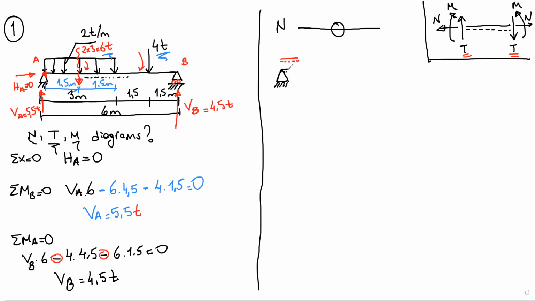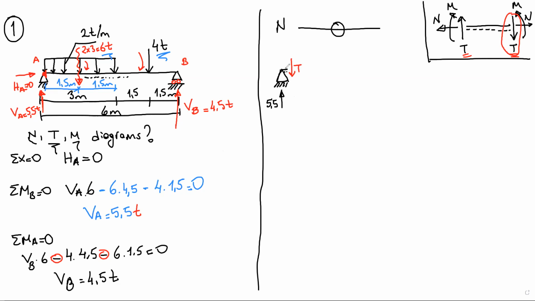So the side where I cut the beam is the right side, according to this sketch. So I can put this direction here as the positive direction. Give here V, and put here T. So there's a support reaction here.